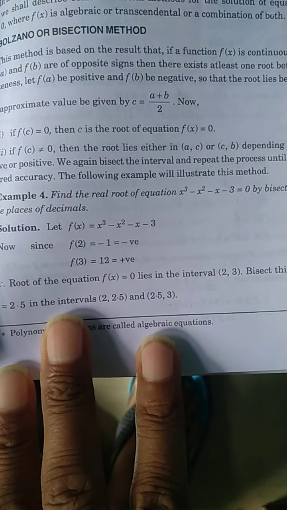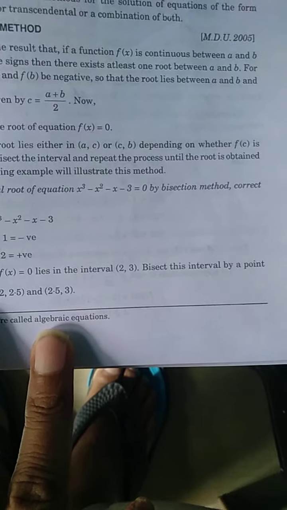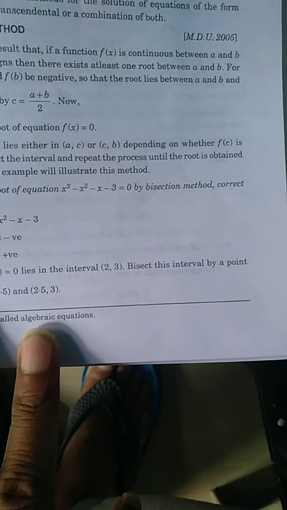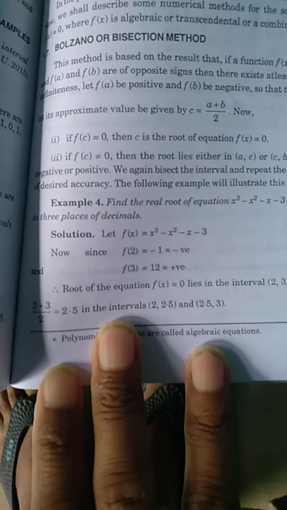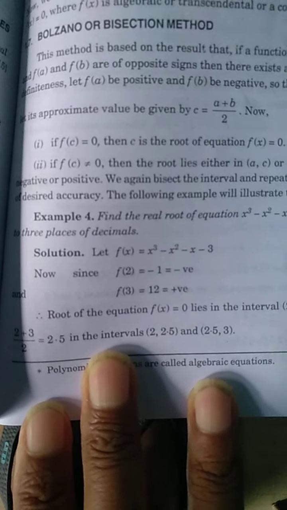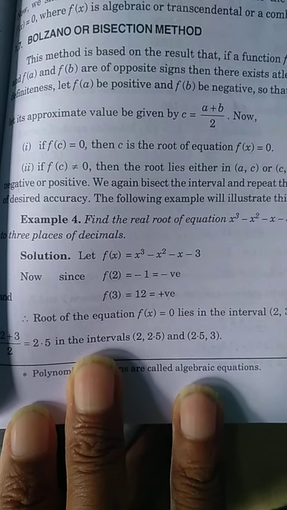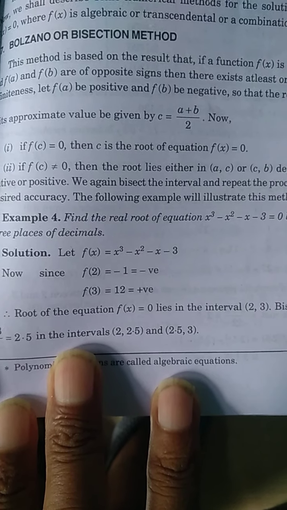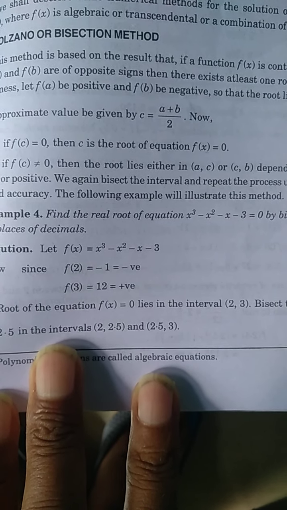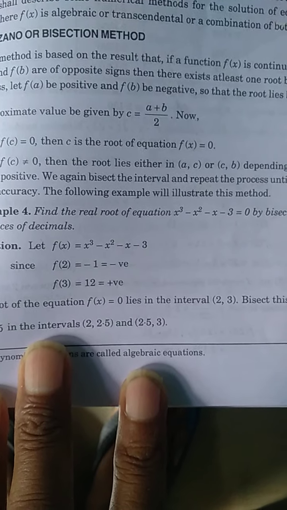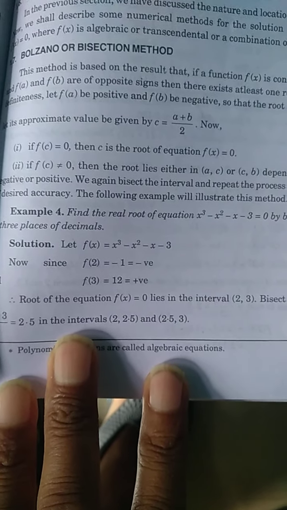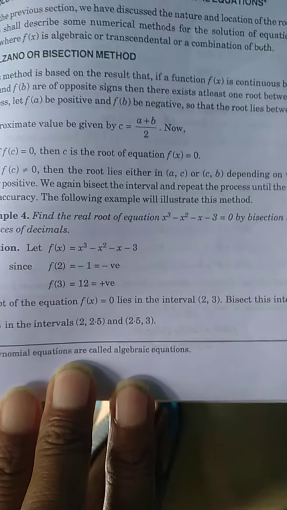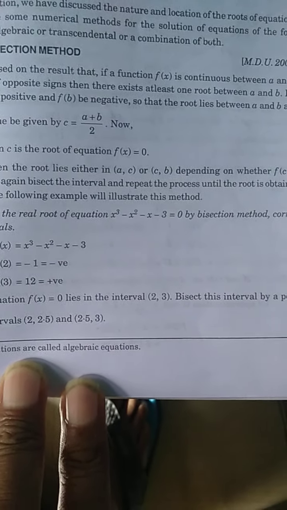Example 4: find the root of the equation x cube minus x square minus x minus 3 equal to 0 by bisection method, correct up to 3 places of decimals. Let f(x) equal to x cube minus x square minus x minus 3. Since f of 2 equal to minus 1, which is negative, and f of 3 is 12, which is positive, the root of the equation f(x) equal to 0 lies in the interval 2 to 3.